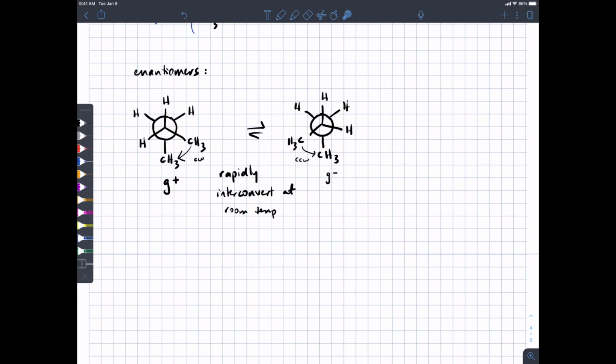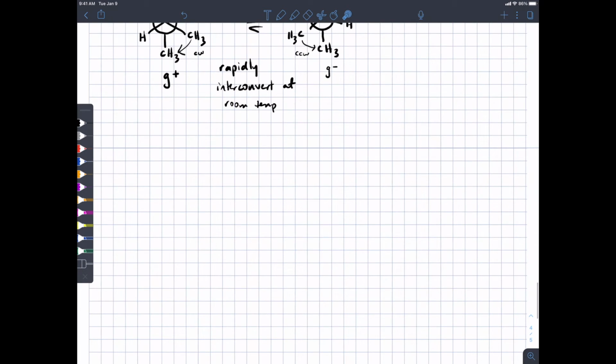But there are molecules that are similar to this where the gauche plus and the gauche minus conformations are different. So a classic example is something called binaphthol, or I think it's often just called BINOL. This is two naphthalene groups attached to each other via a carbon-carbon bond.